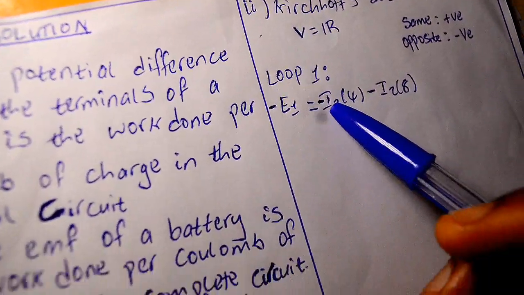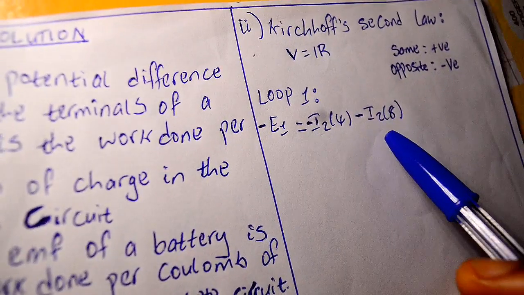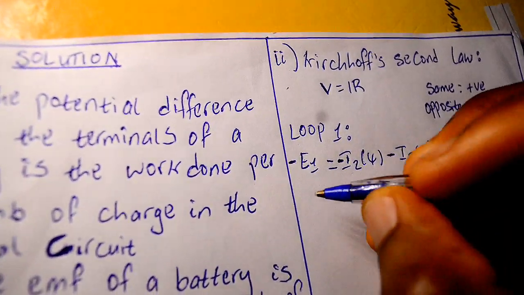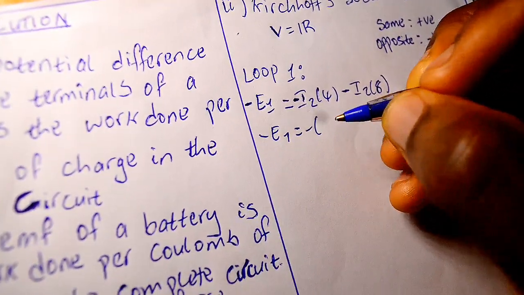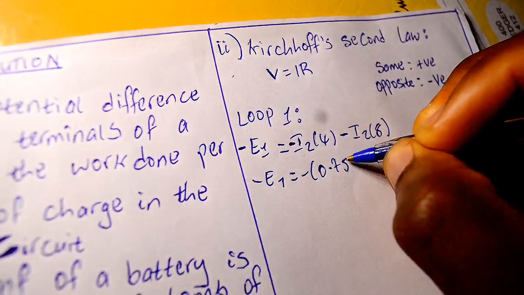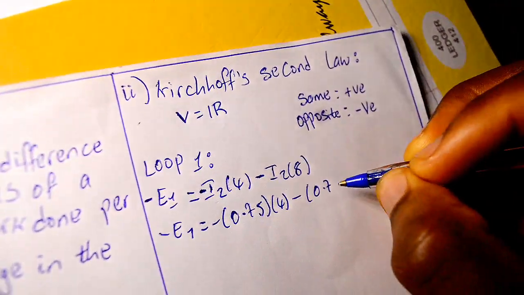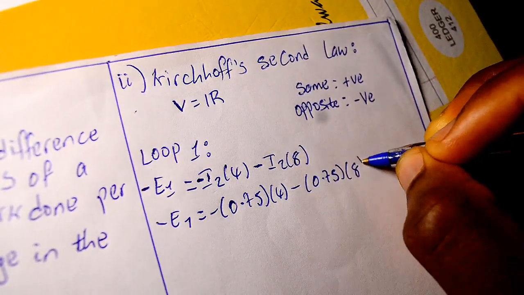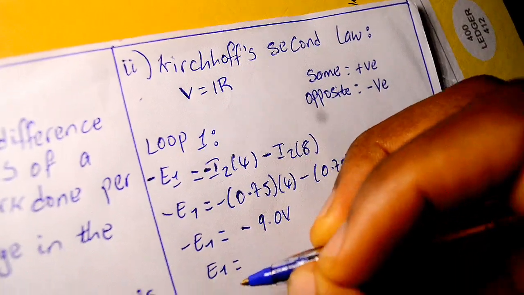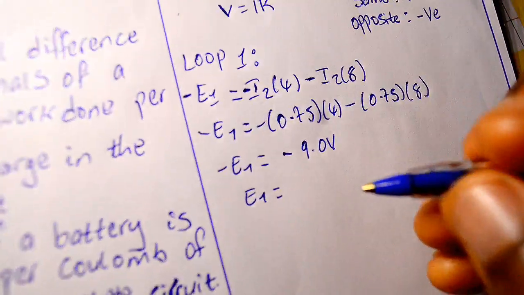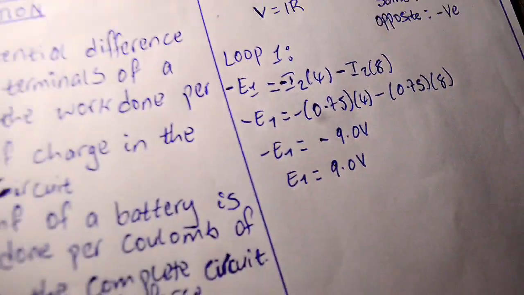From here, I2 is already gotten, so we just solve for E1. So E1 will be equal to 9.0 volts.